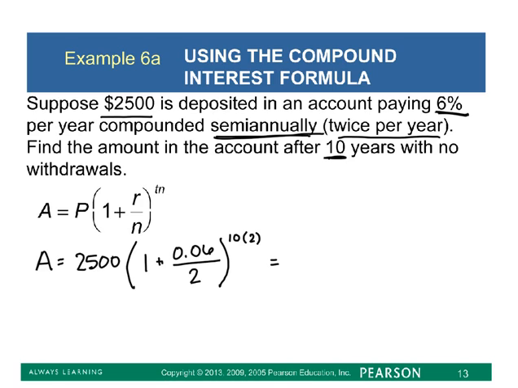So when I did that, this is what I got: 4,515 and 28 cents. So that is the amount that we have in the account after 10 years.